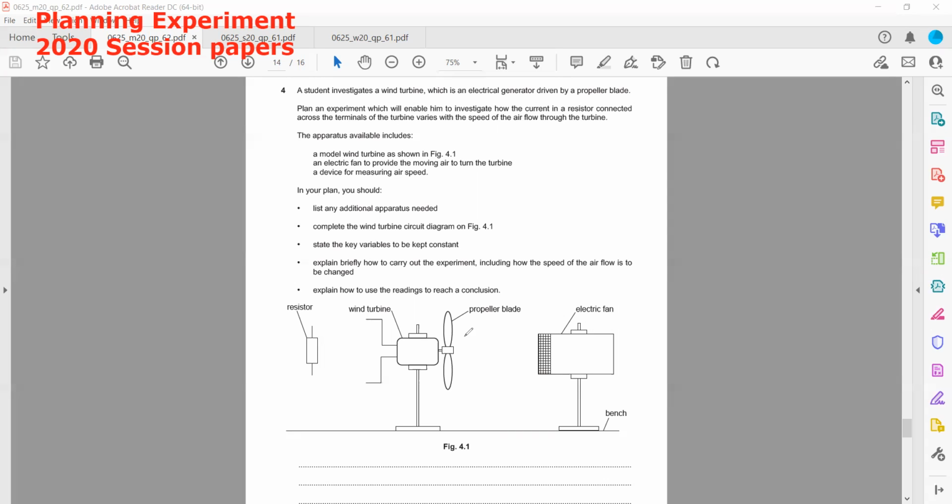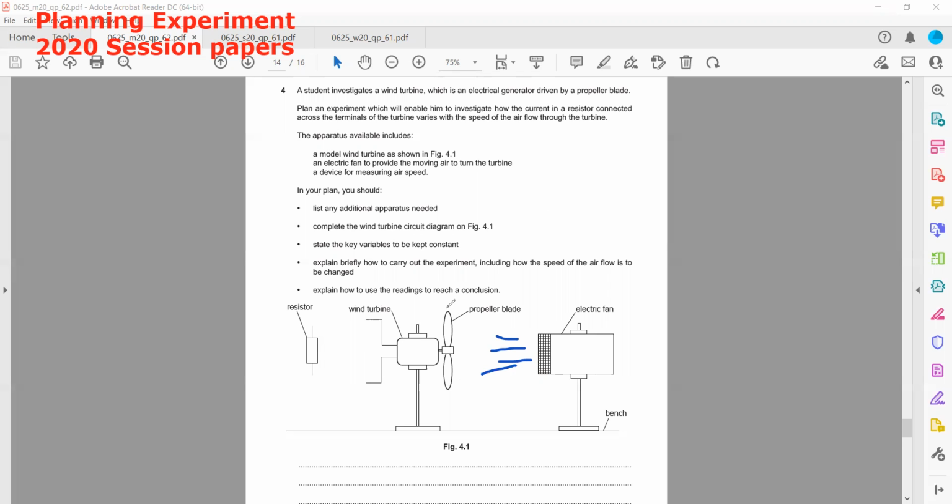So here, this is a wind turbine, as I mentioned here, which is an electrical generator, and it is propelled by, basically what will happen, the electric fan will blow the air. So when the air moves, it will collide with a propeller blade.